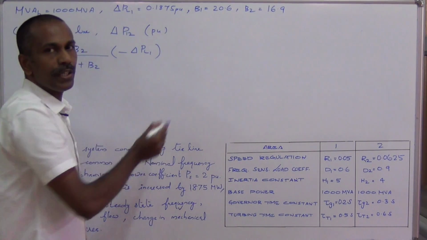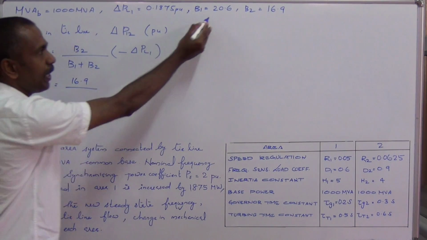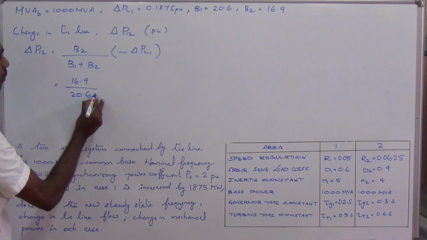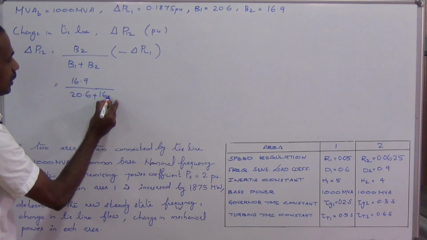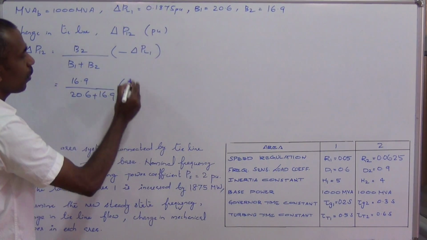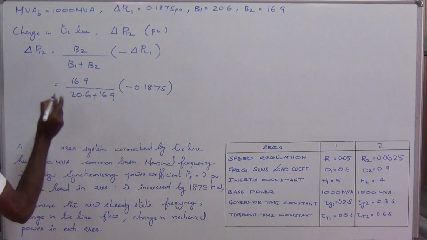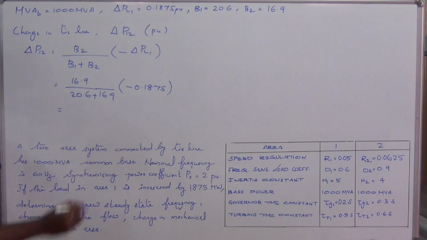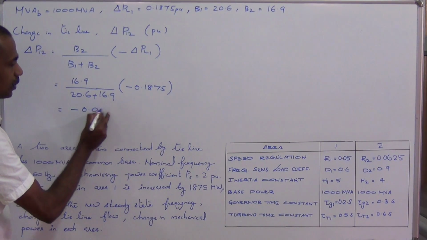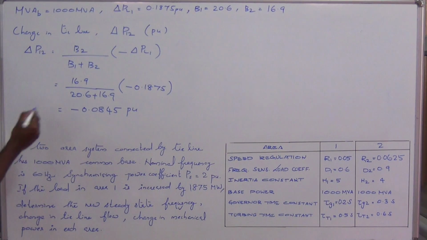It is 16.9, divided by B1 plus B2, which is 20.6 plus 16.9, into the change in load, 0.1875 per unit. And this is equal to minus 0.0845 per unit.